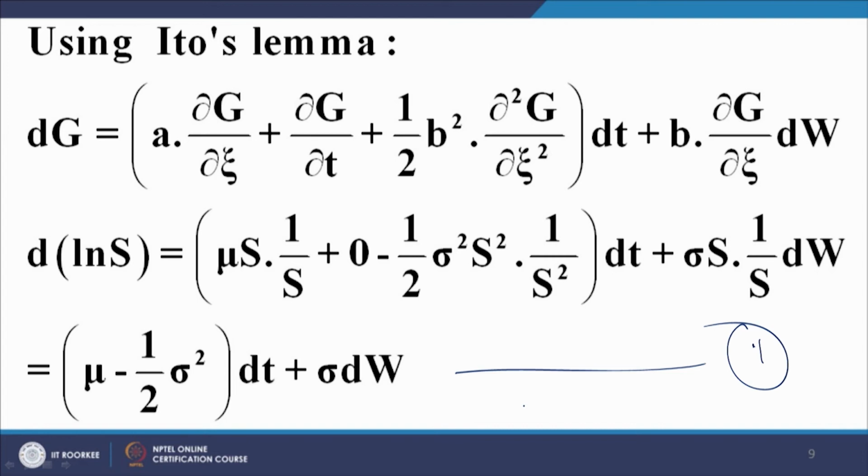Please note, all I have done here is substitute the various values: g is equal to log of S, a is equal to mu S, b is equal to sigma S, the partial of g with respect to xi is 1 by S, the second partial is minus 1 upon S squared, and the time partial is 0. When you simplify it a little bit, you find that d of log S is equal to (mu minus 1 by 2 sigma squared) dt plus sigma dW.